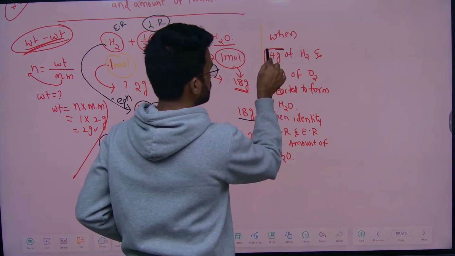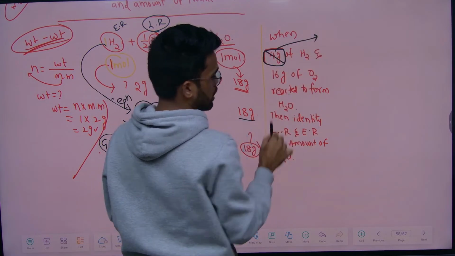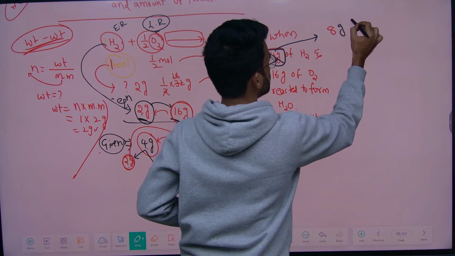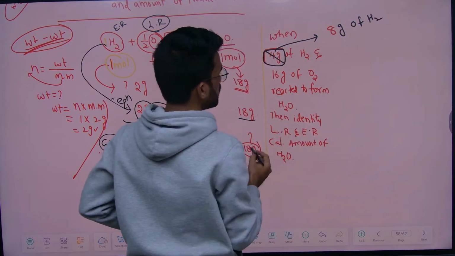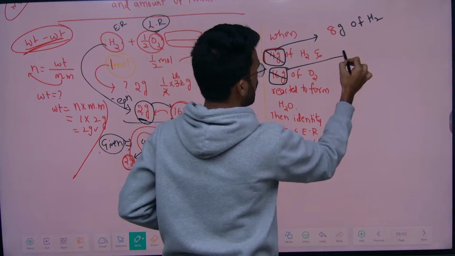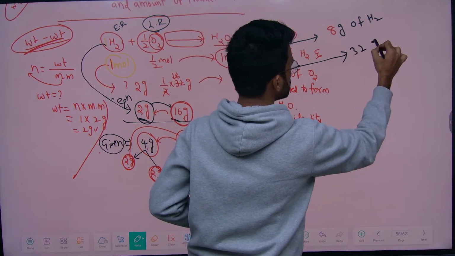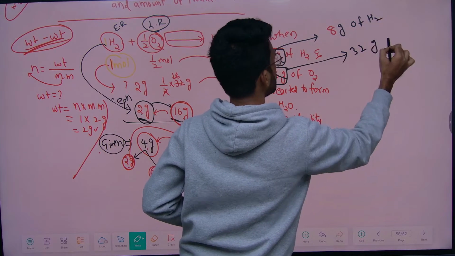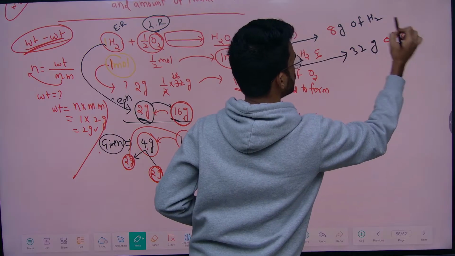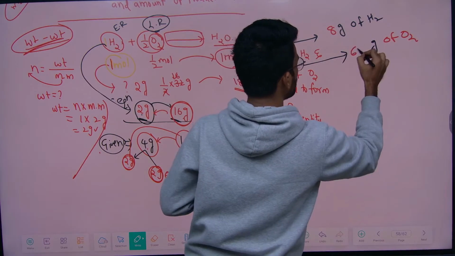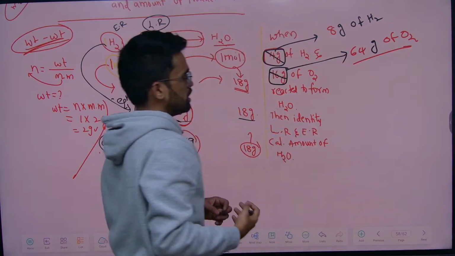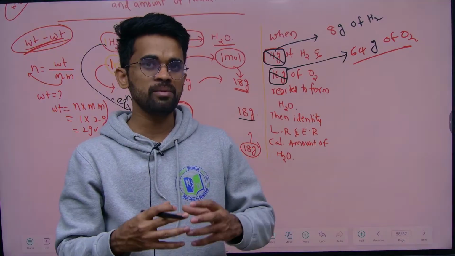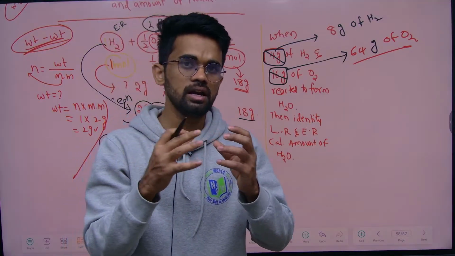Take this as 8 grams of H2, and this one here as 32 grams of O2, or you can take it as 64 grams of O2. Then tell me the limiting reagent, excess reagent, amount of product formed and amount of reactant remaining in excess.